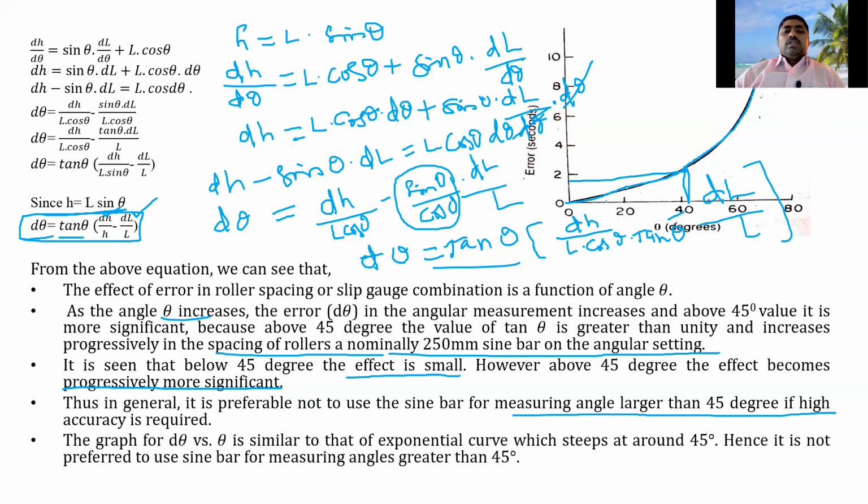This graph is d theta versus theta. The curve is an exponential curve which steepens at an angle of about 45 degrees, hence it gives a larger error in measuring the angle of the given component for more than 45 degrees.